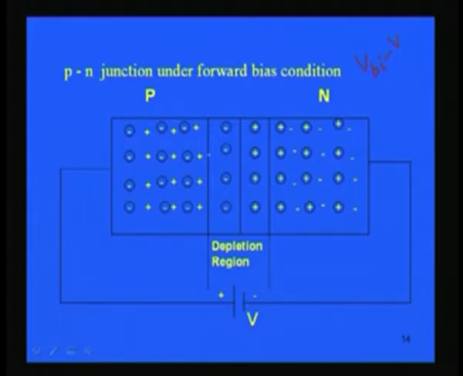More and more holes will be crossing over to the N side, and more and more electrons will be crossing over to the P side. That means, when we forward bias a PN junction, there is easier flow of holes and electrons from the P and N sides, that is, the diffusion current increases, and with a very small change in the applied voltage we can have a very high exponential growth in the current in the forward biased condition.